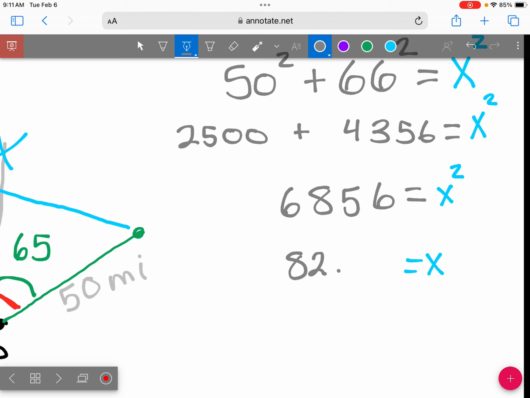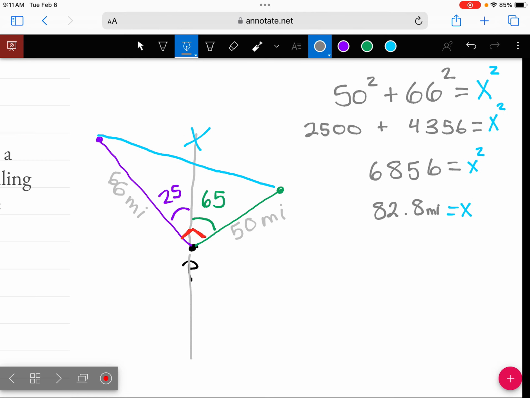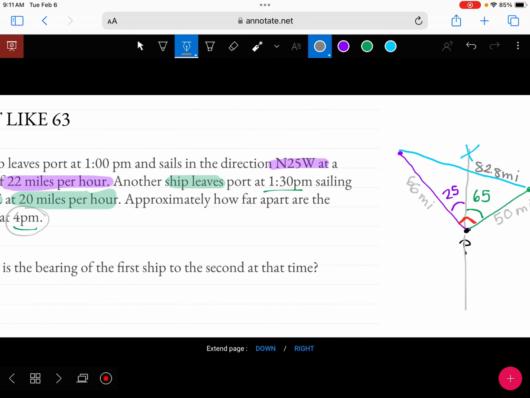And they did say estimate the distance, so we can round it there or we can round to the nearest mile. I don't particularly care. Either way, it's an estimate because we're getting it as close as we can. 82.8 miles. So the length of our hypotenuse is 82.8 miles. And that's the first part of the question.